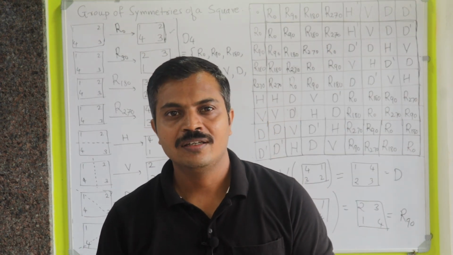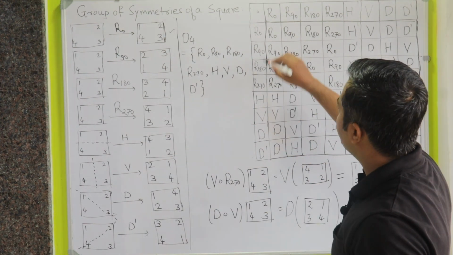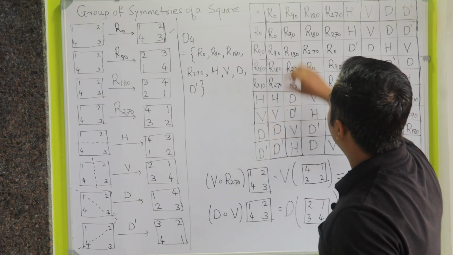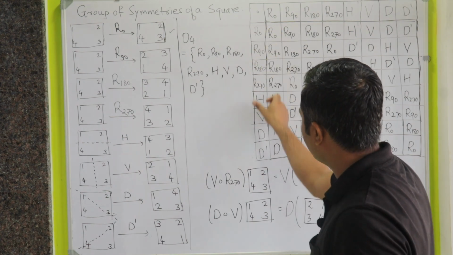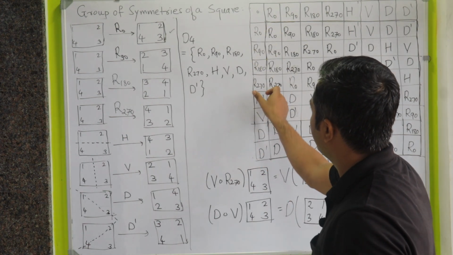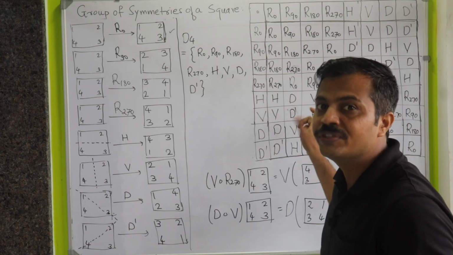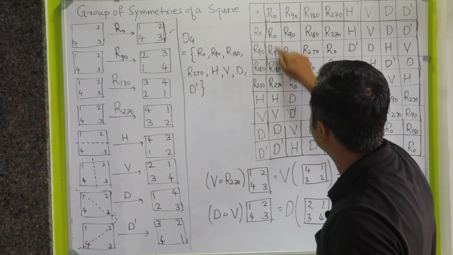Next comes the existence of identity. So from the table we can observe that. In order to find the identity element, whatever this first column on the extreme left is, this should repeat as it is in the table, and you can see that it lies here, right?